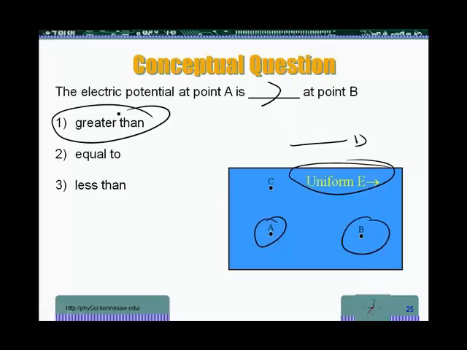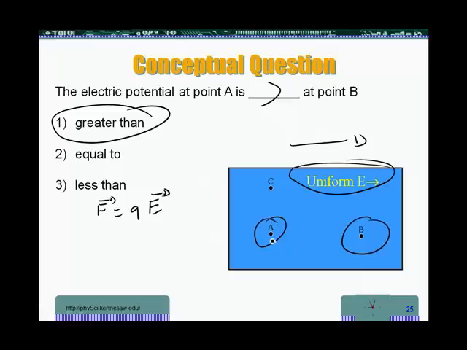at point B. One interesting thing to think of here: the force acting on a charge due to the uniform electrical field is F equals QE.